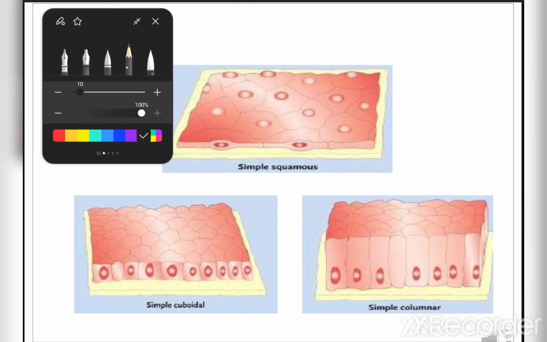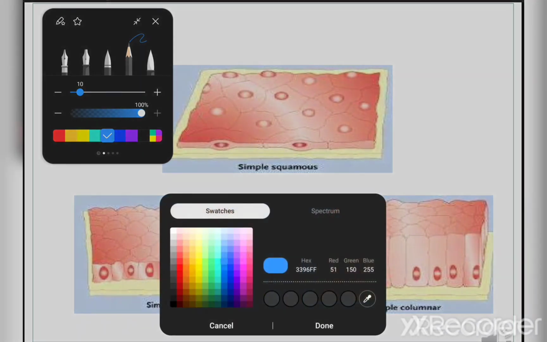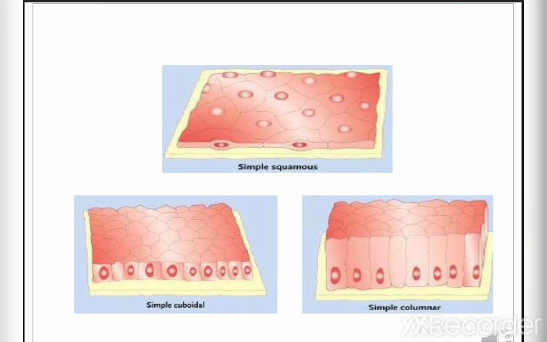In the simple cuboidal, the width and the height of the cell are similar to each other, so it is cube-like with a central spherical nucleus. In the columnar, the nucleus will be situated in the base of the cell, and it is mostly rectangular, in which the height of the cell is more than the width of the cell, as in this slide.